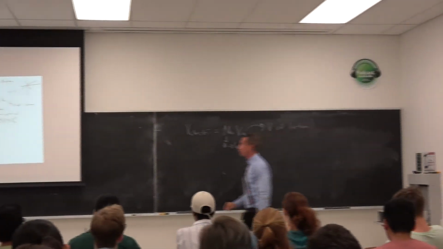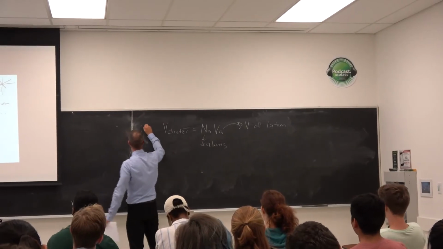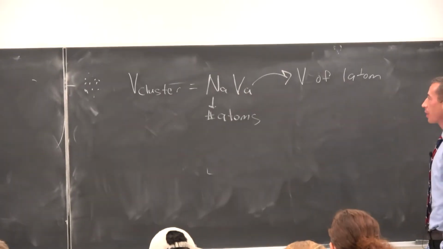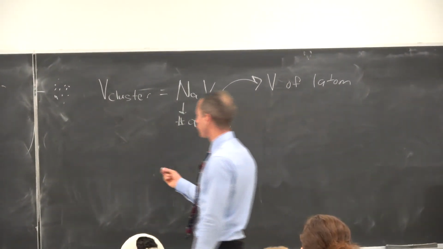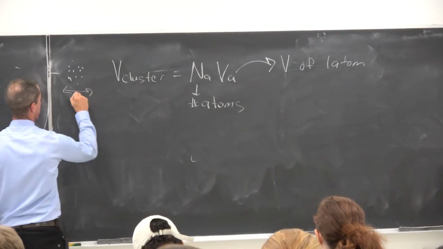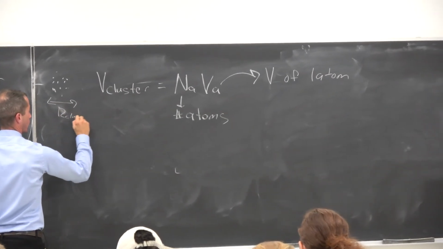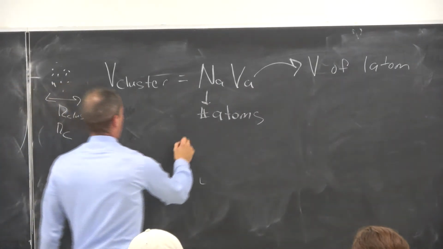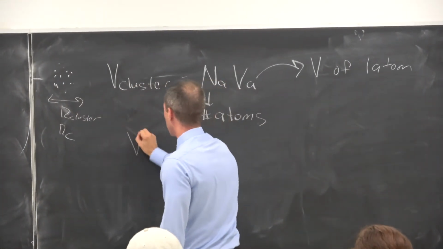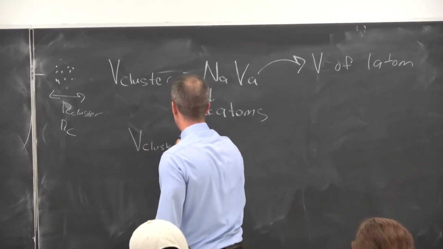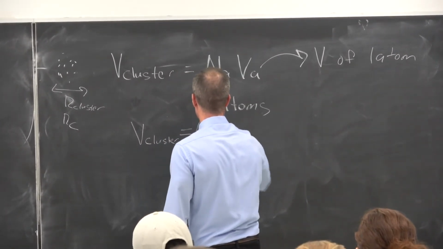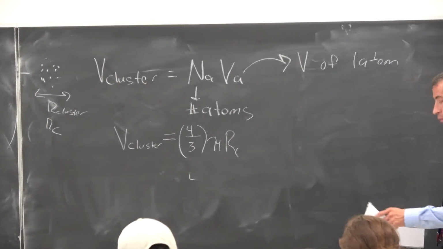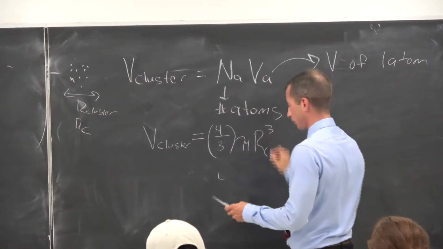Right? So we've got lots of atoms. So the volume of a cluster is the number of atoms times the volume of an atom. Okay? We also know that, if this is the radius of the cluster, or RC, that the volume of the cluster is 4/3 pi RC cubed, right?